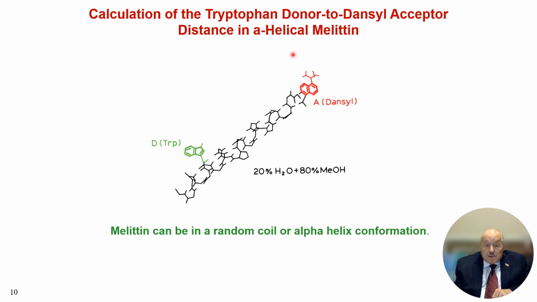Okay, so we're coming back to melittin again. We're going to look at calculation of the donor to the acceptor distance. Melittin can be either in a random coil or an alpha helical configuration. Melittin, by the way, is from bee venom, and when it sticks to a membrane, it wraps up into a helix that's nonpolar on one side.